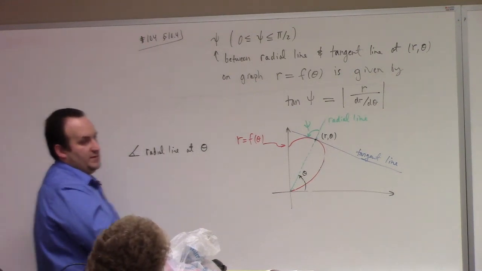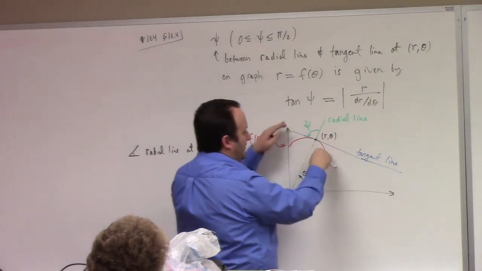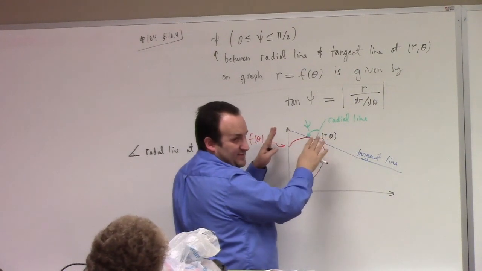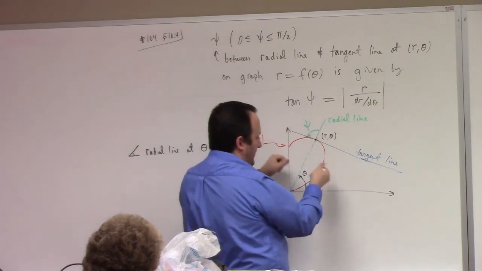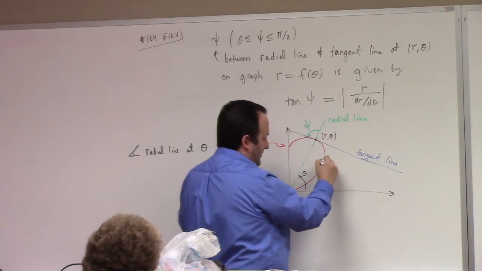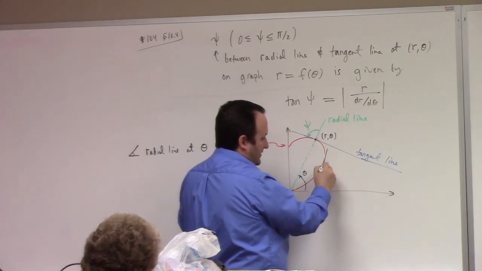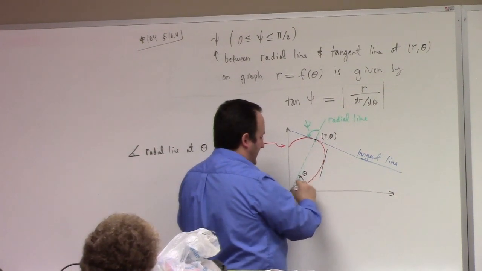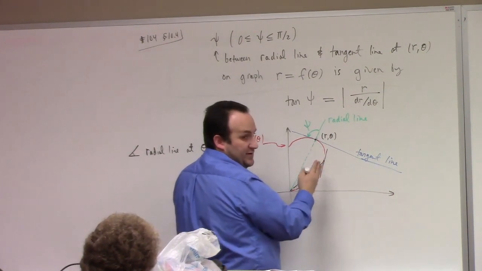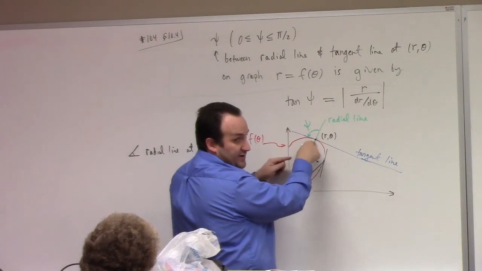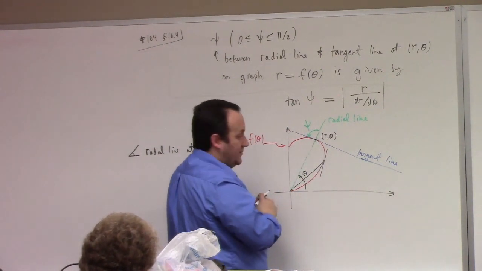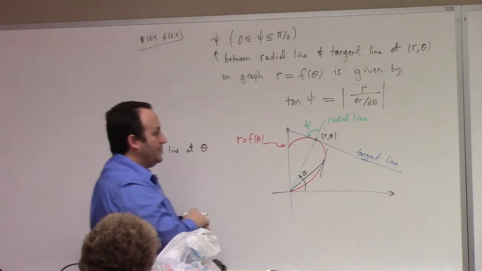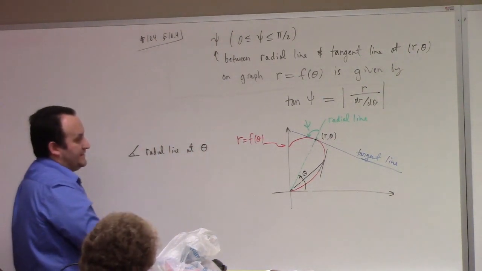I mean, I've drawn these so they look perpendicular, but that doesn't have to be the case. The polar curve can be, you notice like over here, this is the tangent line, and the radial line is like this. Those are not perpendicular. It's just a coincidence of my picture that it appears that the radial line and the tangent line are perpendicular. It's actually more complicated what exactly is happening. How is that?